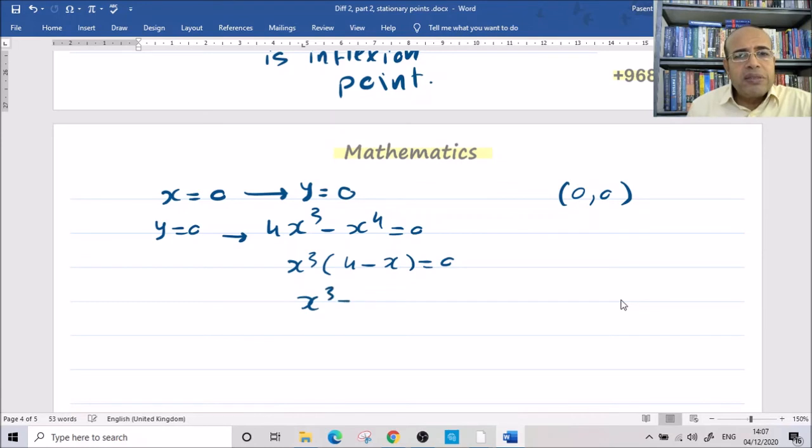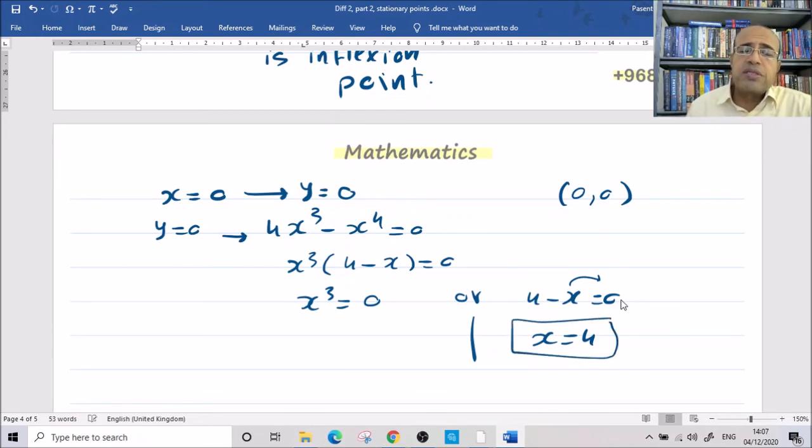So x cubed equals 0, or 4 minus x equals 0. 4 minus x equals 0, when you shift x to the other side, so x equals 4. So this is one point of intersection with the x-axis. What about x cubed equals 0? This is a triple root. So x equals 0, and x equals 0, and x equals 0.